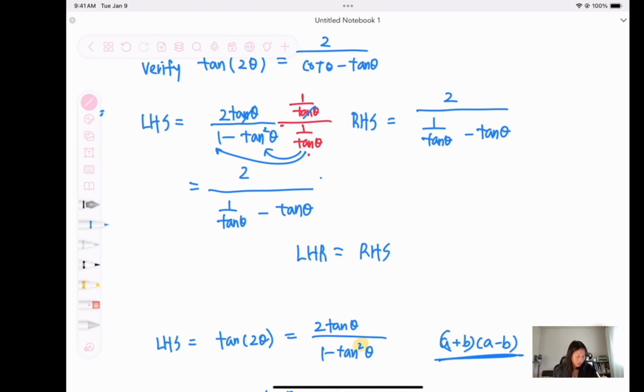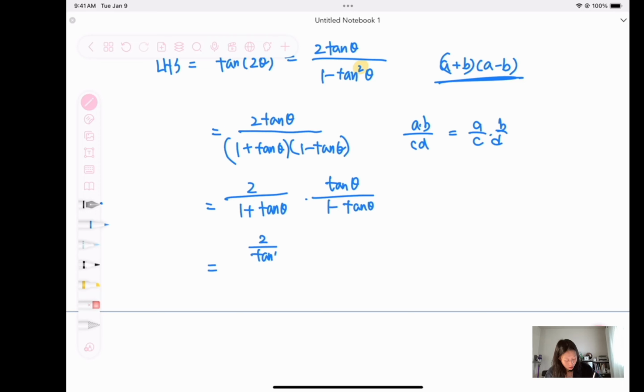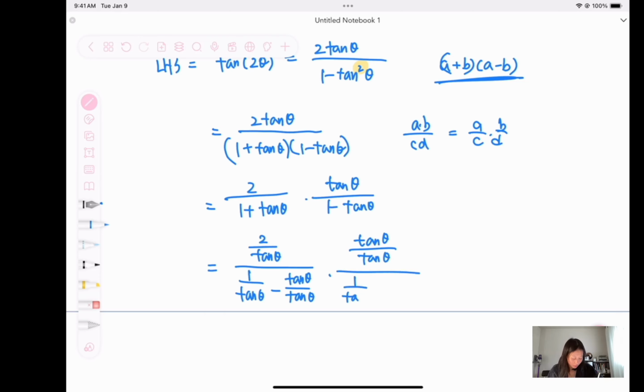So my second thought is, maybe I can try to divide every term by tangent and see what happens. Again, sometimes your thought might not be right away and you do lots of unnecessary steps. That's what I'm doing now. Everything divided by tangent, because I want to see what happens.